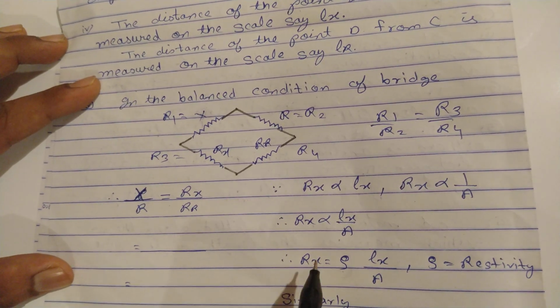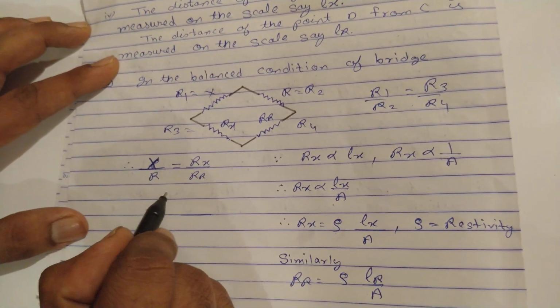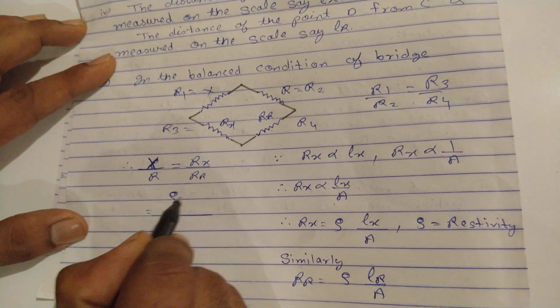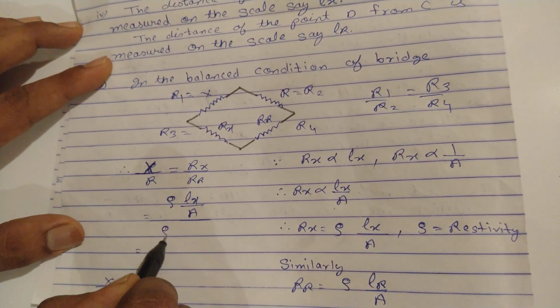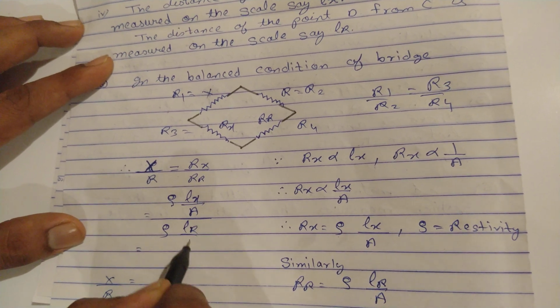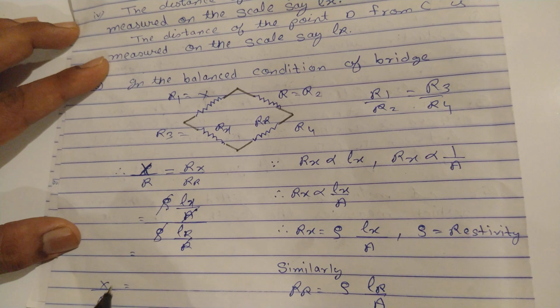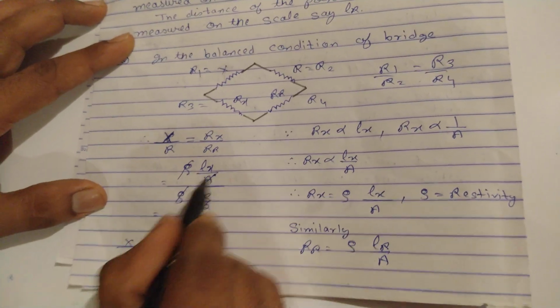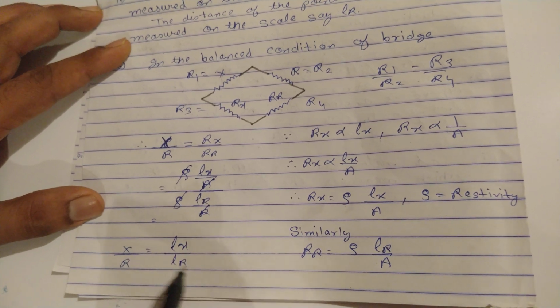Now we will substitute the values of Rx and Rr. What is the value of Rx? Rho Lx upon A, and Rr is rho Lr upon A. We observe that rho gets cancelled, A gets cancelled. Then what is X upon R? The remaining terms are Lx upon Lr.